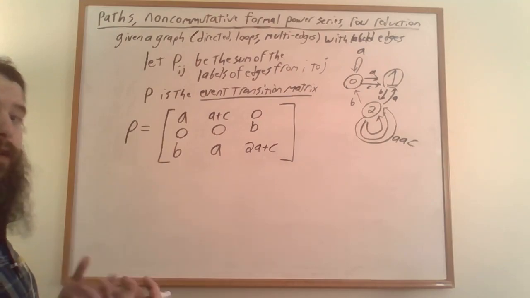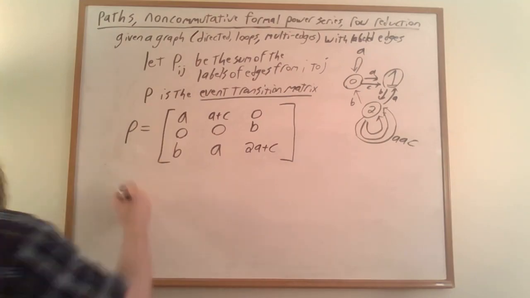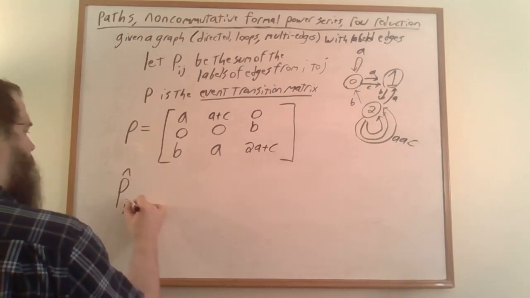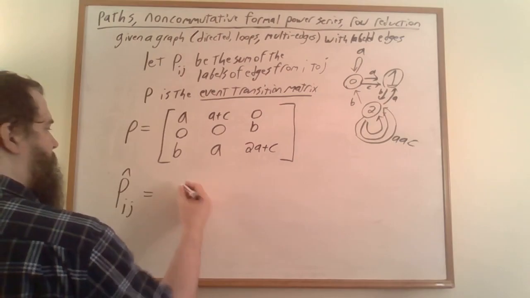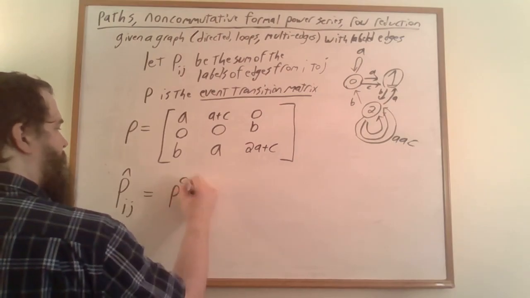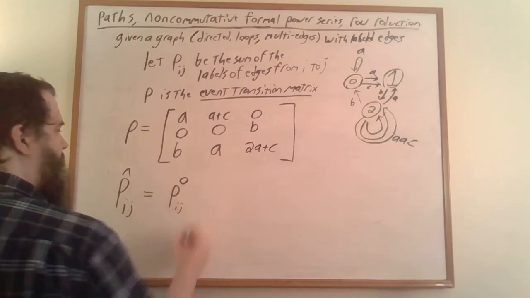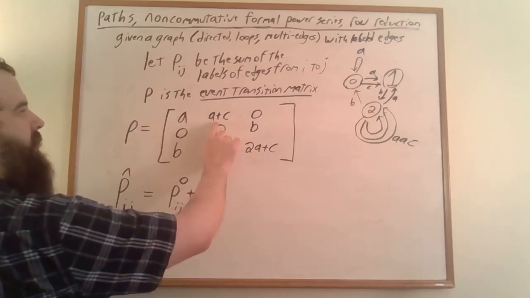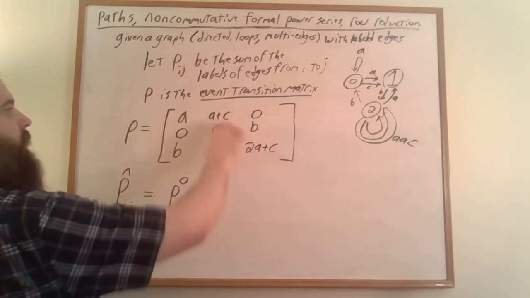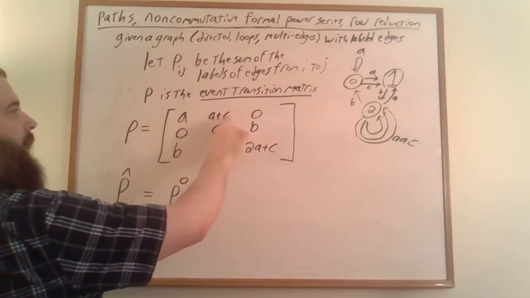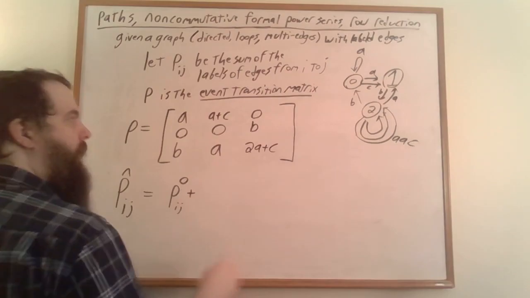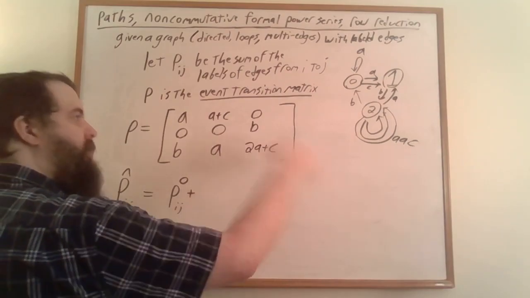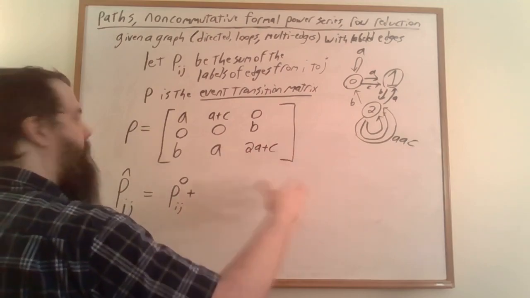We're actually interested in another matrix, let's call it p hat for the moment, but it actually has another name, whose ijth entry is going to tell us something about the number of paths of length 0 from I to j, plus, we found it very useful to consider plus as kind of like an OR operation, right? We can either take an edge labeled A or an edge labeled C. And we saw in the power 2 matrix that it kind of indicated a bunch of different choices of paths from one vertex to another.